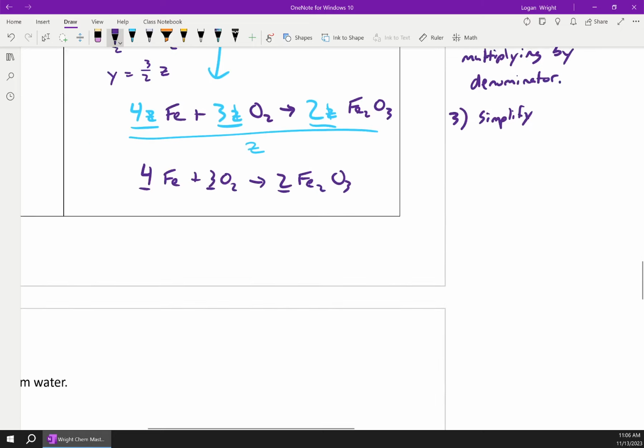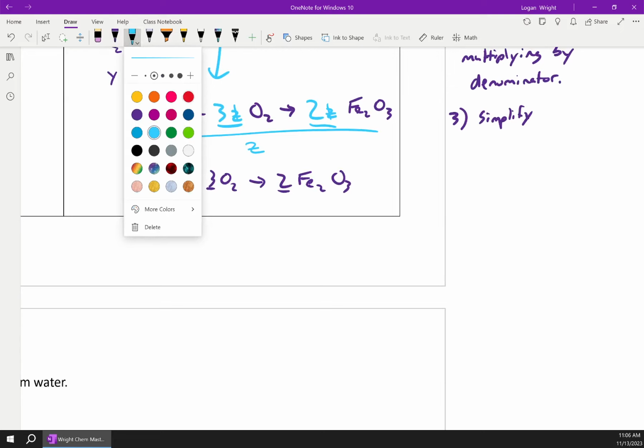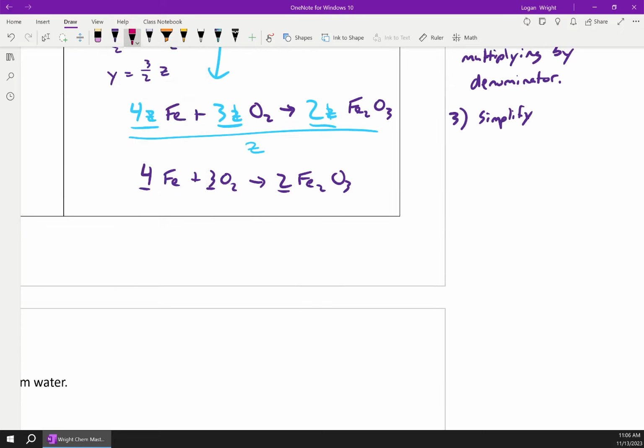We can draw out these particles if it's helpful. So I'll use different colors for iron and oxygen. Maybe iron can be like a dark pink. I have 1, 2, 3, 4 irons. And we've been using this blue color for oxygen.